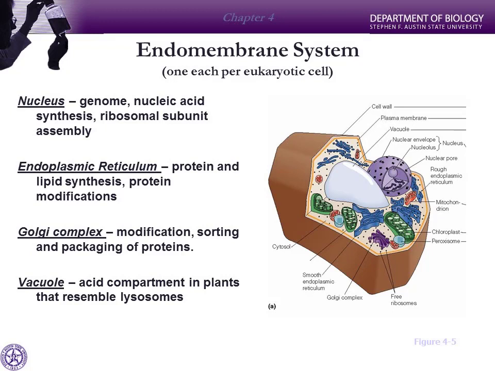So in the case of a cell, we're going to have several organelles that function in series. And so in that sense, we're going to organize several of these organelles into an organelle system that we refer to as the endomembrane system. Endomembrane meaning inside membranes.